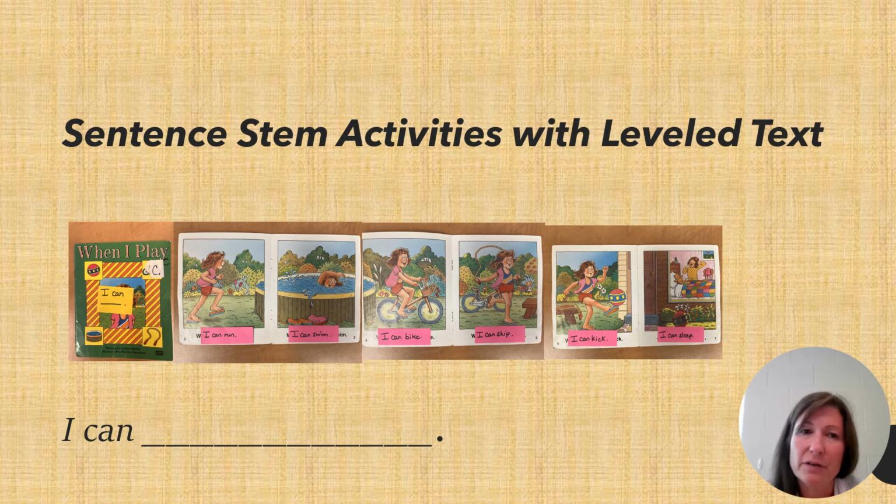An extension activity for this sentence stem and vocabulary words is for students to write their own text about activities they can do. They can write and illustrate it, and then they will have a text to practice reading, which contains a simple sentence structure and vocabulary they are familiar with.